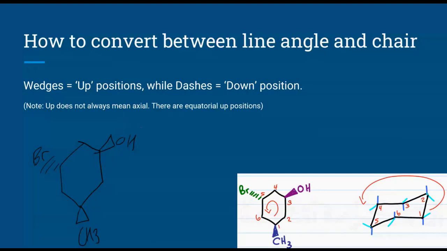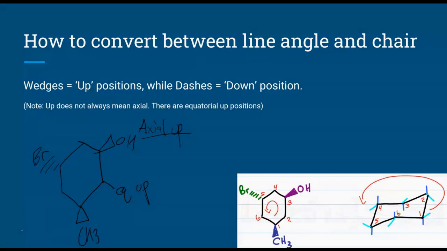So I'm going to say this is an axial up because it's a wedge. Because of that, the next up position has to be equatorial up. Because if you look at a ring, you see that it goes axial up, equatorial up, axial up, right? You never have two axial ups right next to each other because it's axial up or axial down. So the next up position should be equatorial.